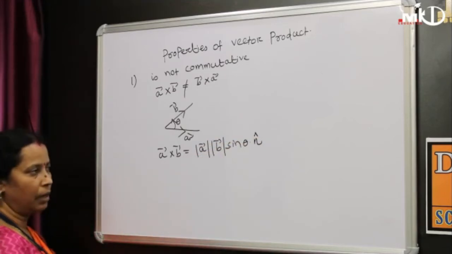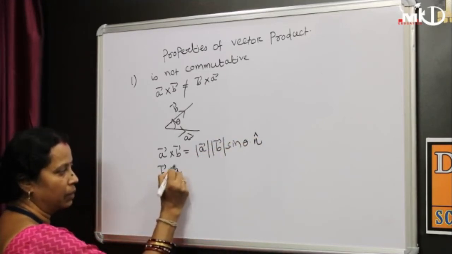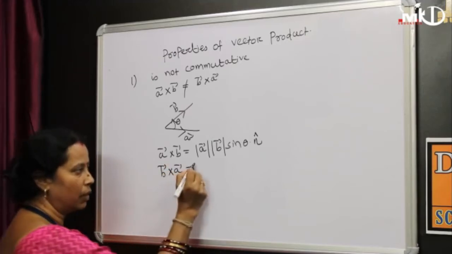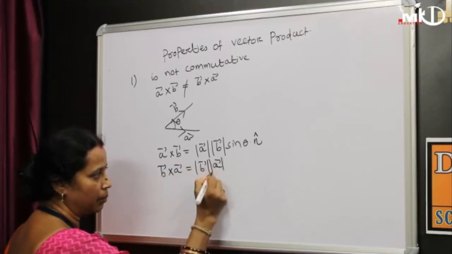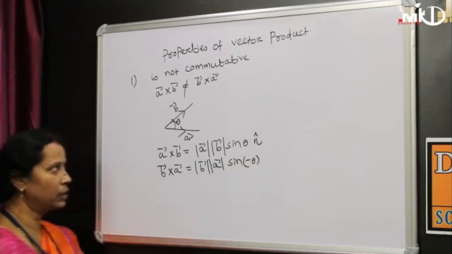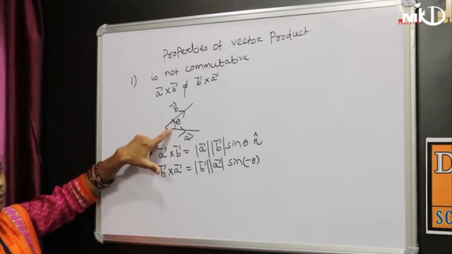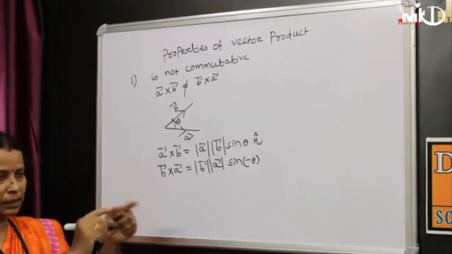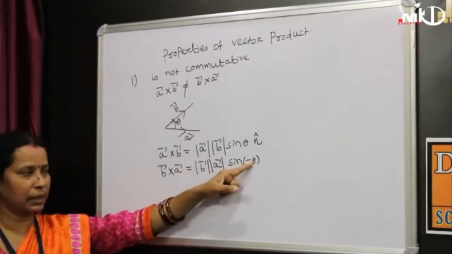Okay. Now whenever we find the vector product B bar cross A bar, it is equal to the modulus of B bar into modulus of A bar into sine of minus theta. Whenever we take the angle from A to B as theta, then we measure clockwise, that is the negative of theta, that is minus theta.